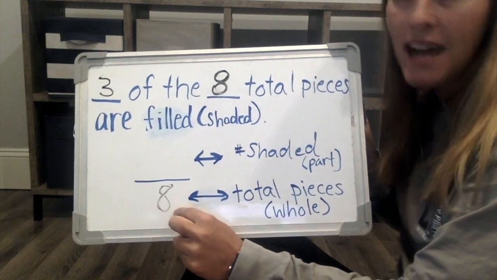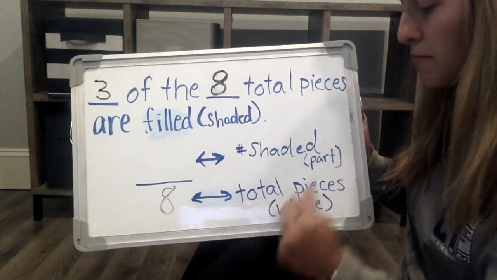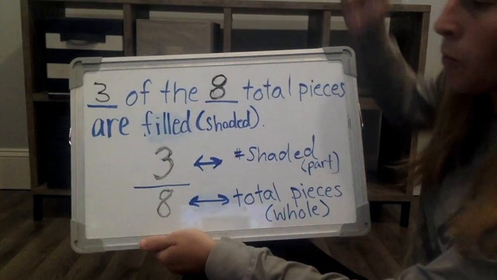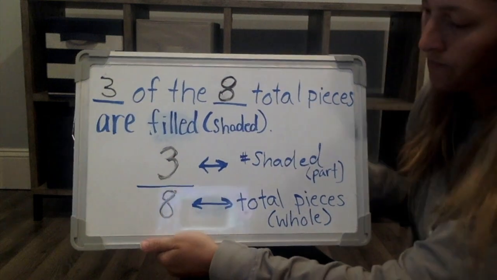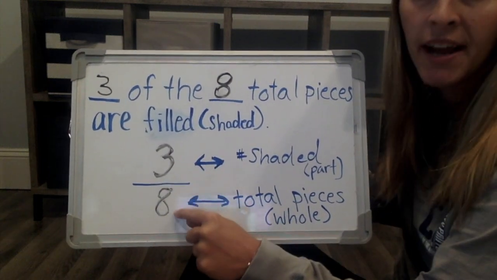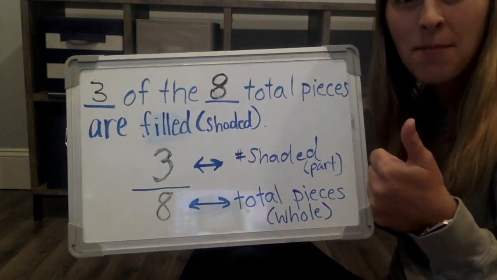So our denominator is 8. And then the number of shaded parts was 3. So our fraction is 3/8. Thanks for your help, boys and girls.